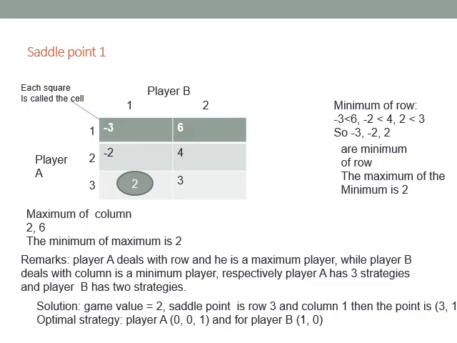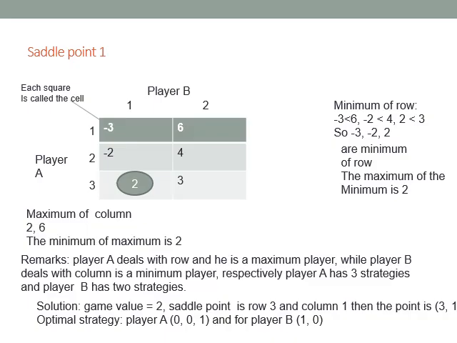Okay, now let us move to player B. We mentioned before that player B has 2 columns, respectively 2 strategies. Now we are going to apply the principle of maximum of column.